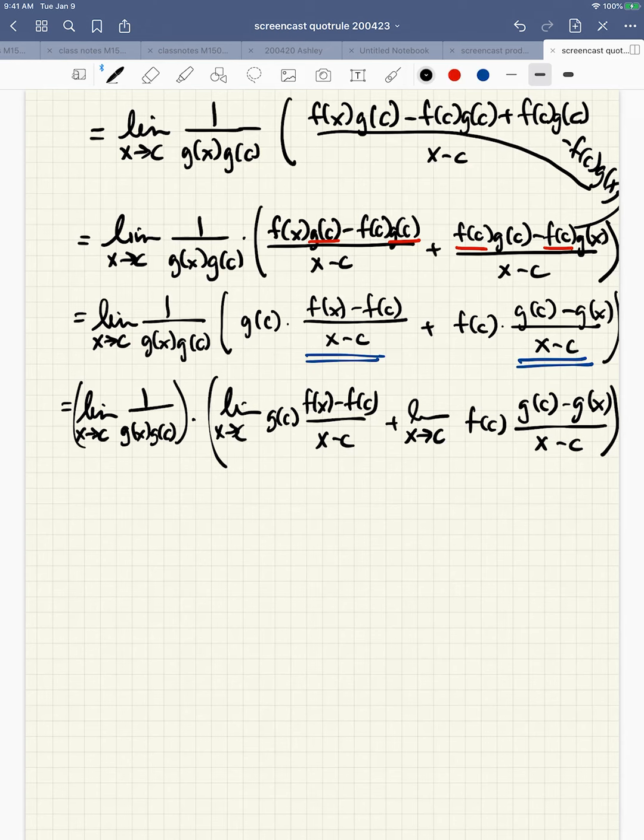So that's good. And now I can use the limit laws again, noting that this is a constant, so I can pull out in front of that limit that's right in front of it. Likewise that's a constant. I can pull it out here.